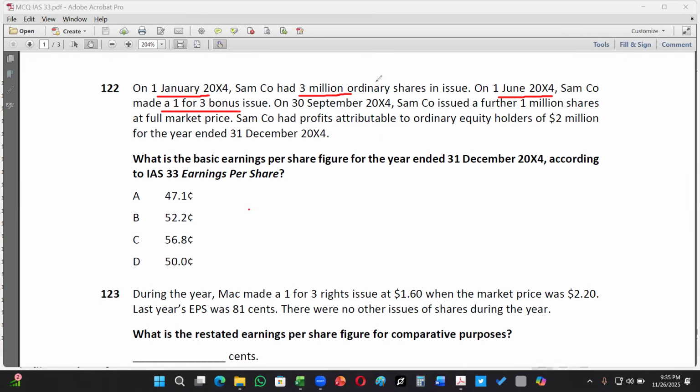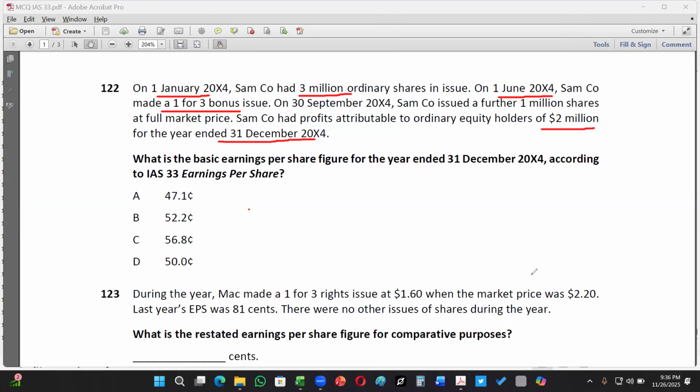We had the bonus issue and the existing shares for 4 months, and in the remaining months we had the 1 million more shares. I will explain the whole thing to you. And the profit attributable, because we need the earnings: Samco had profits attributable to ordinary equity holders of 2 million for the year ended 31st of December 2024. So this is the whole situation.